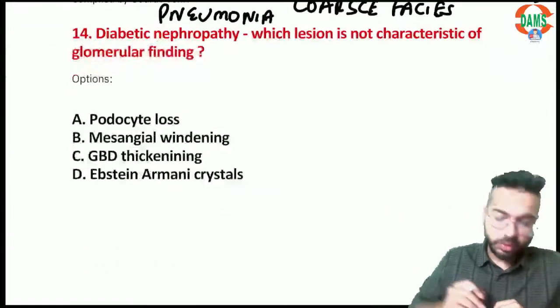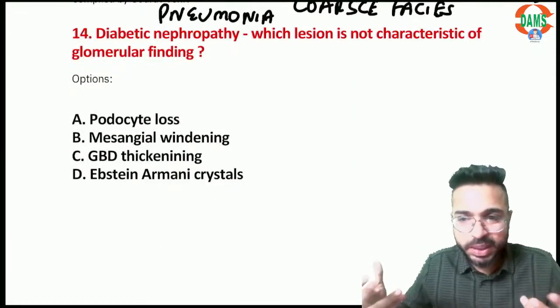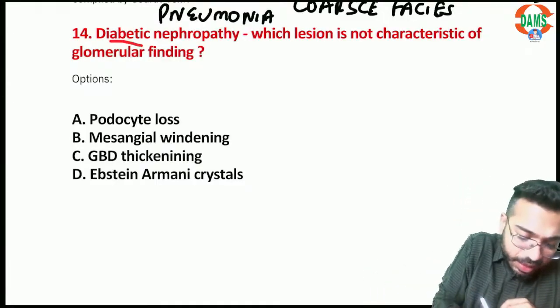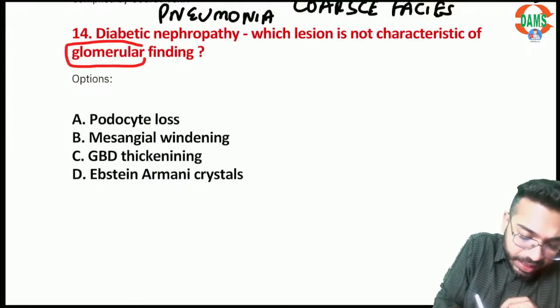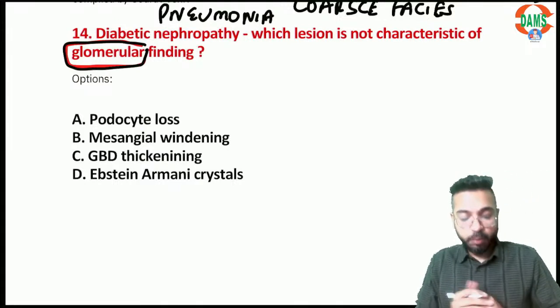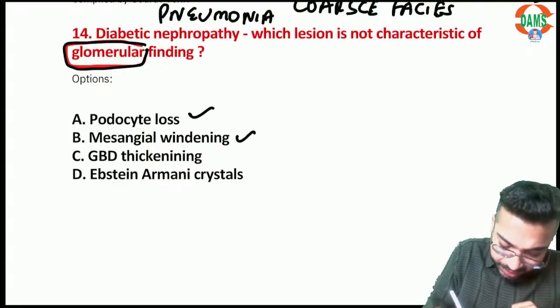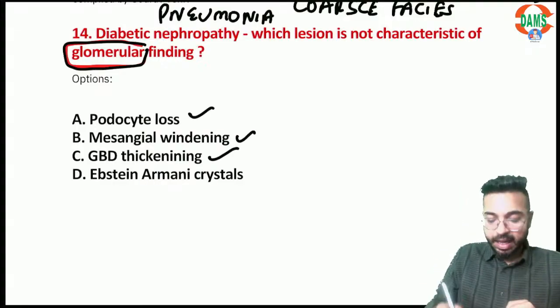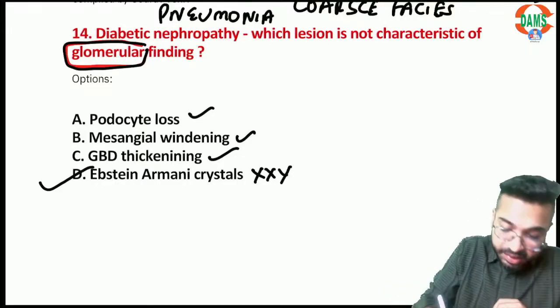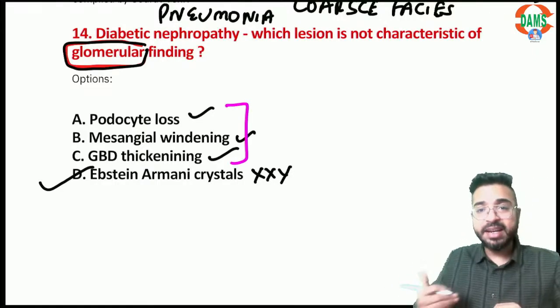The next question might seem very easy to me, not for you guys for sure. There was a tricky question: which of the following is not a characteristic glomerular finding in diabetic nephropathy? Podocytes lost? Yes. We discussed this in the class, an INICET predictor.